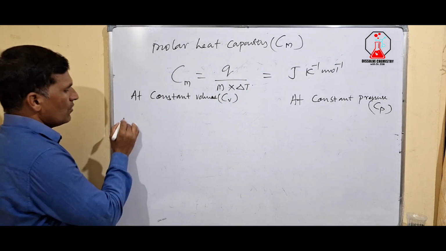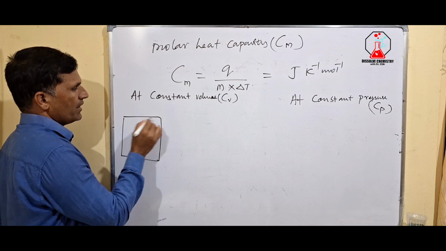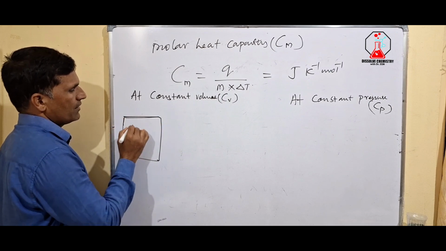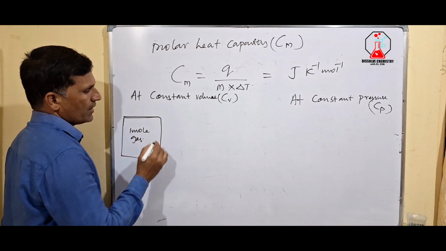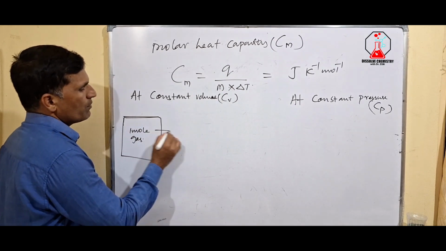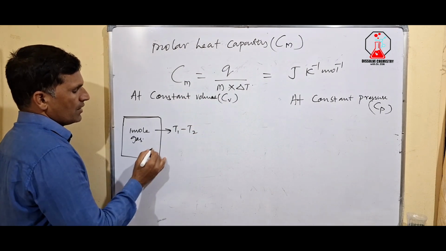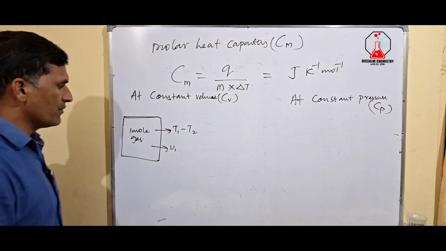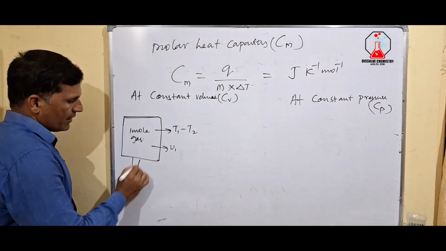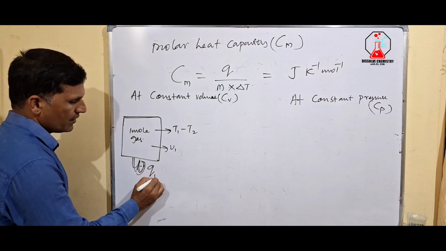Alright. So now assume that you have taken 1 mole of gas in a closed container, and you want to bring the temperature from T1 to T2, and it has internal energy initially U1. Now you supply energy in the form of heat.